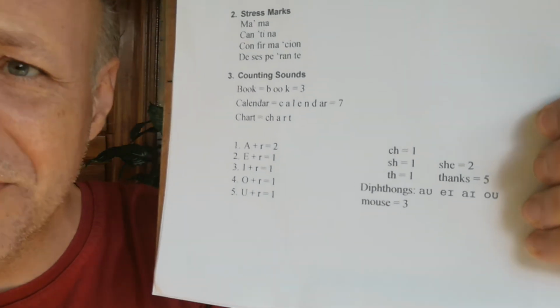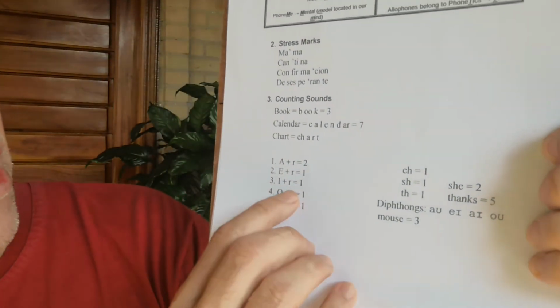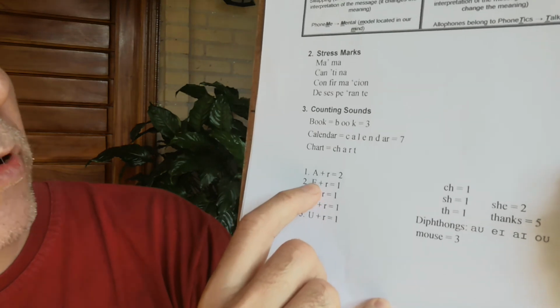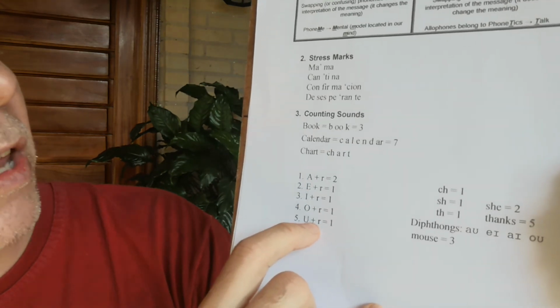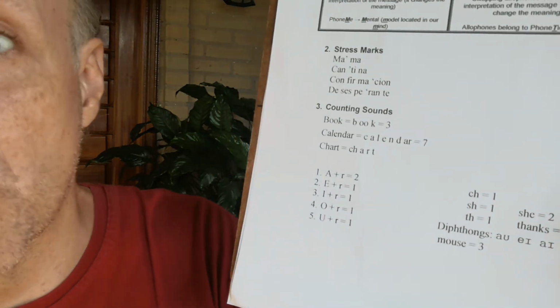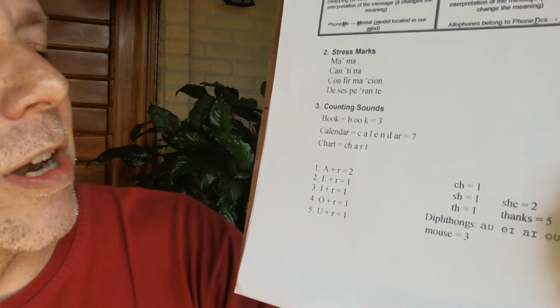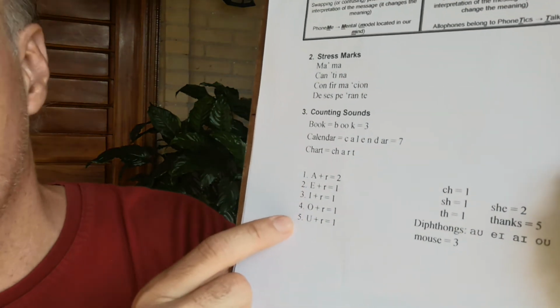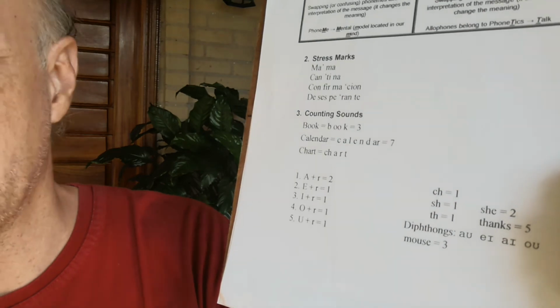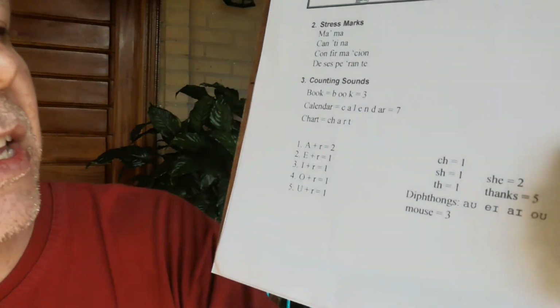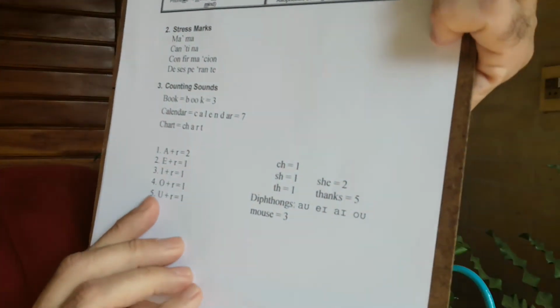Why do they count as one? Well, the 4 of them, E plus R, I plus R, O plus R, U plus R, are pronounced in English. They are not pronounced ir, or ur. They are pronounced in English. And that sound is just one.